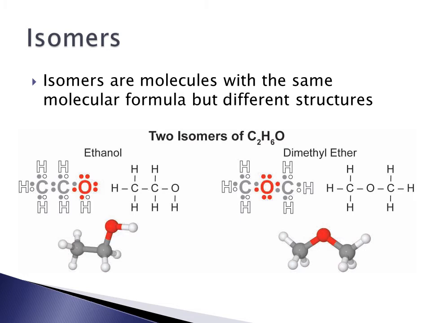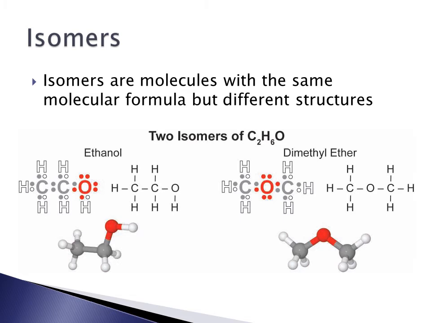An isomer is a molecule that has the same molecular formula but different structures. So for example, here you were being asked to build C2H6O in one of your chapter 7 labs, and you were to come up with different ways to connect those atoms to make C2H6O. Ethanol is one way and dimethyl ether is another one, and we can see that even though they're made with the same atoms, they are very different in structure.